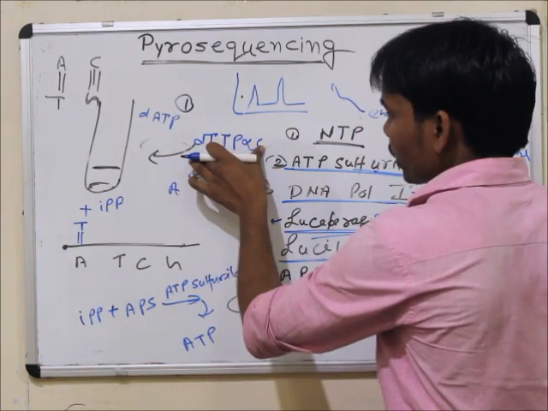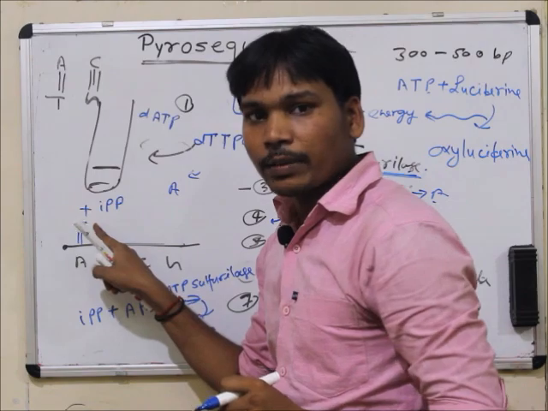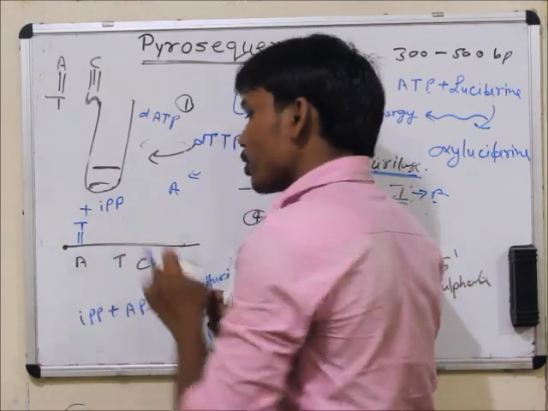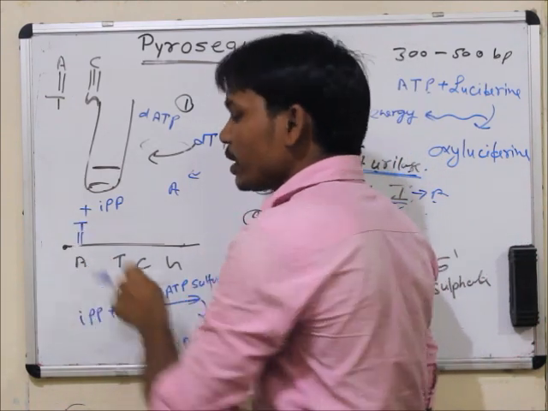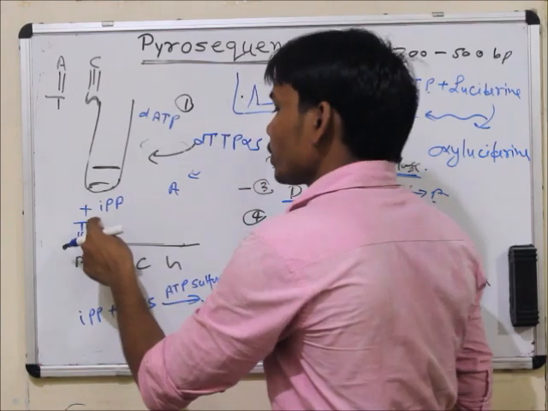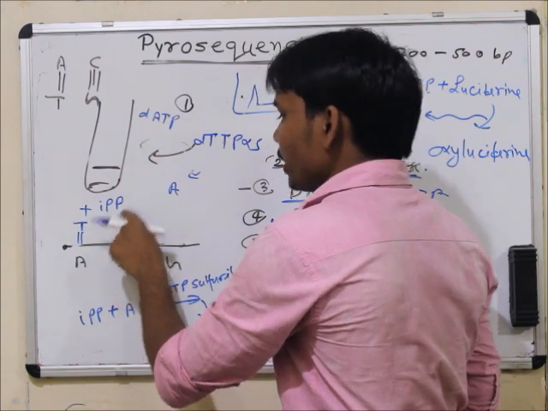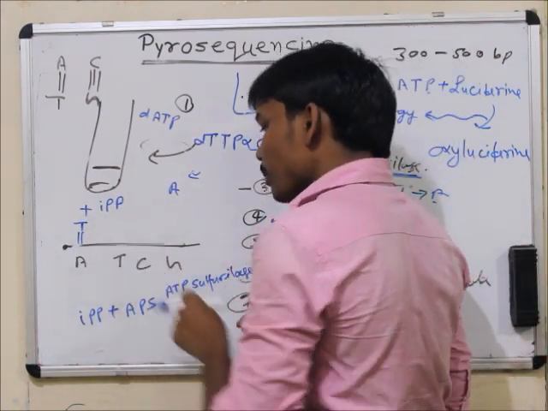So by adding the nucleotides, if we add thymine that is complementary to the sequence, the light will be released. That means we added T, and that is complementary to A. In the second chance, we added the complementary to A, and the light will be released in that condition.